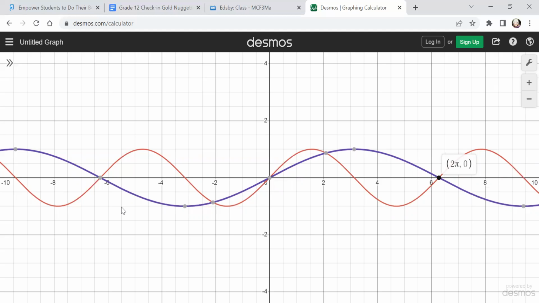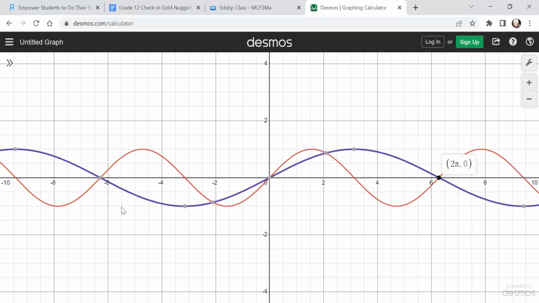The cycle means the whole pattern, so it goes down, up, then down again. Now the red one, if I use 0 as my reference point, my red one goes up, down, up, starts there, stops there.